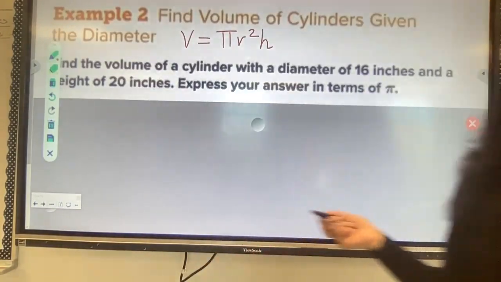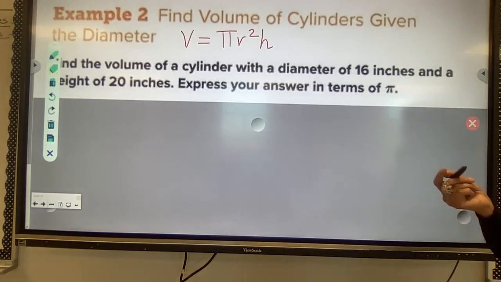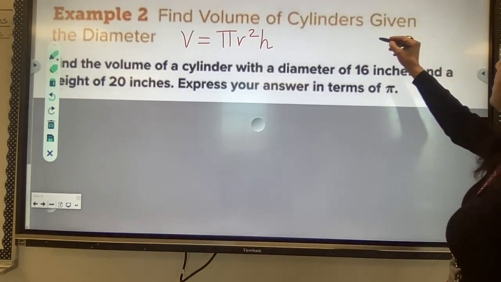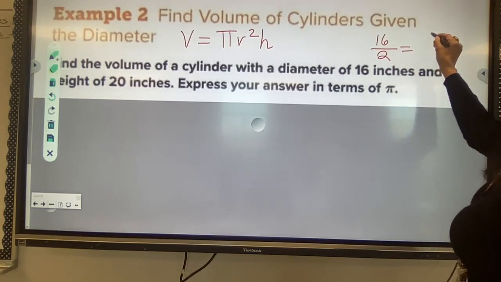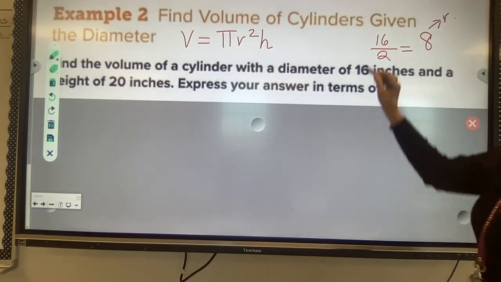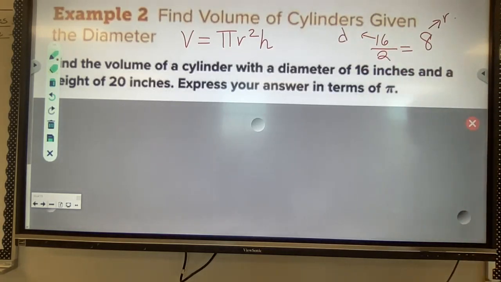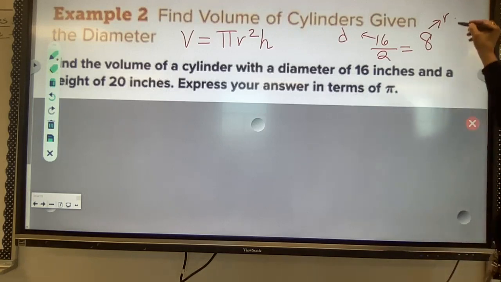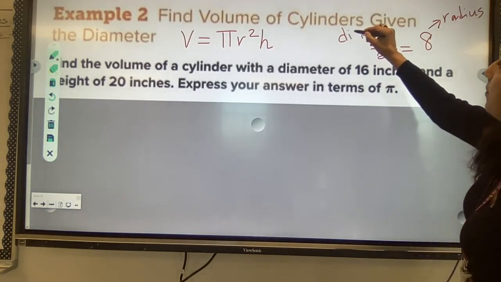So all I would do is change the diameter to radius. And for that, I'm doing 16 divided by 2. And so therefore, my radius is going to be 8. So diameter divided by 2 gives me the radius, right? So this is my radius and this is my diameter.